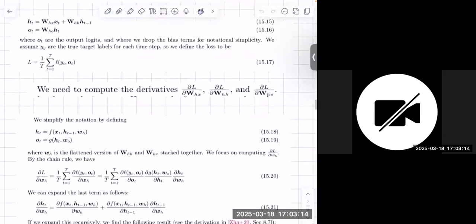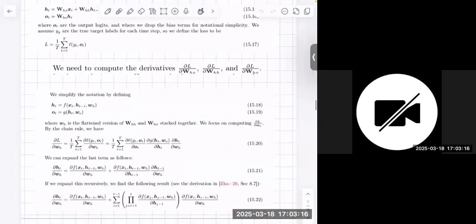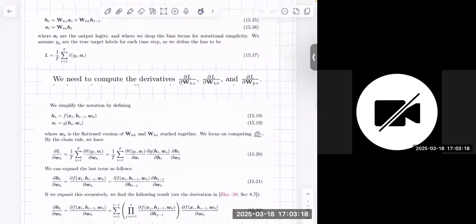Very good. Now let me see how much I want to tell you about this part of the textbook. So what do we need here? So you have weights going from your input to hidden, hidden to hidden, output to hidden. And then the book sits down and works out how those derivatives come about.